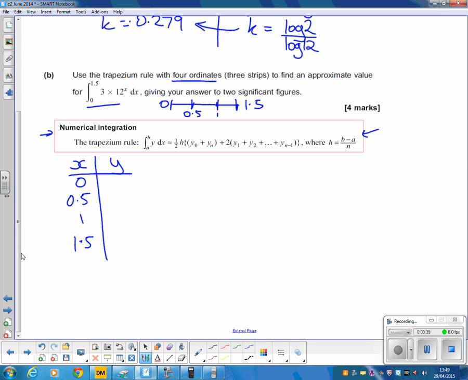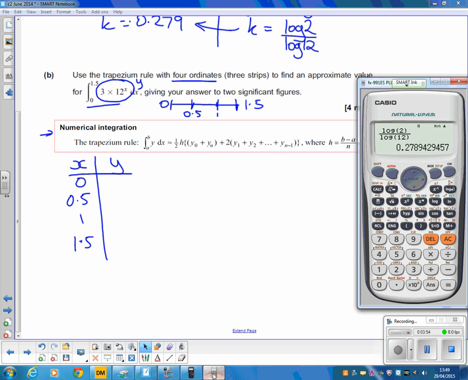First step is we do need our table of values. Now the easiest way, you can either substitute yourself or you can use your calculator to get this. This is the function that I've labelled y in my table. It's the thing we're trying to integrate.